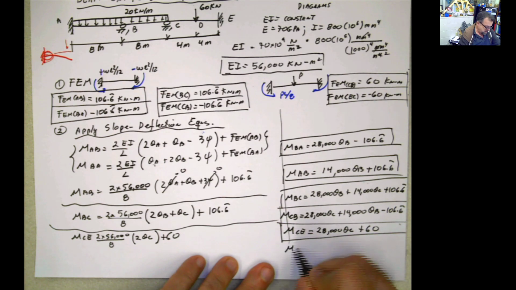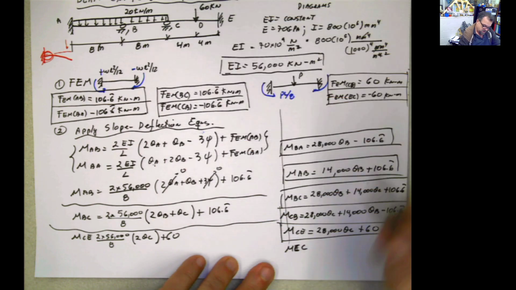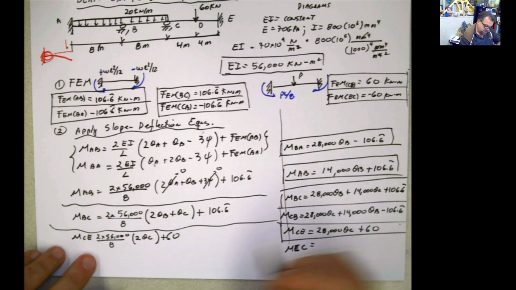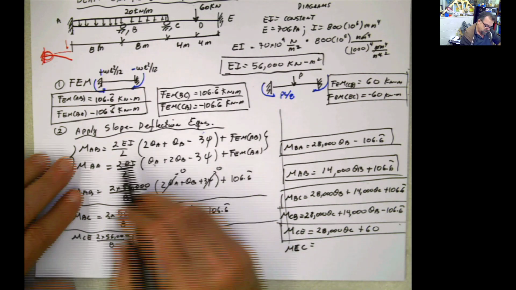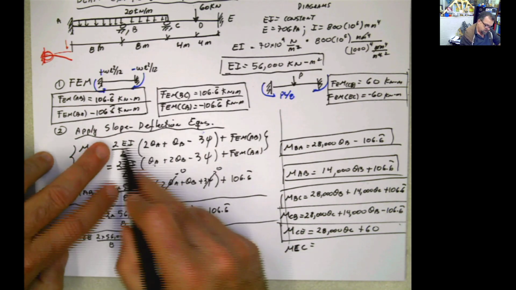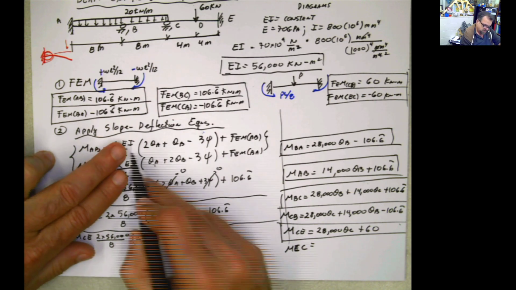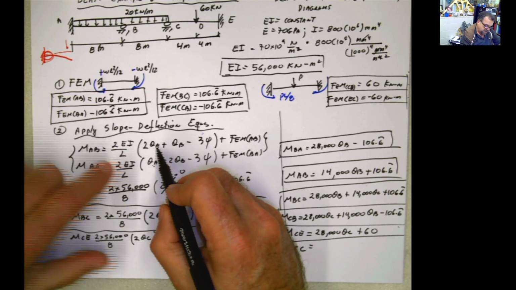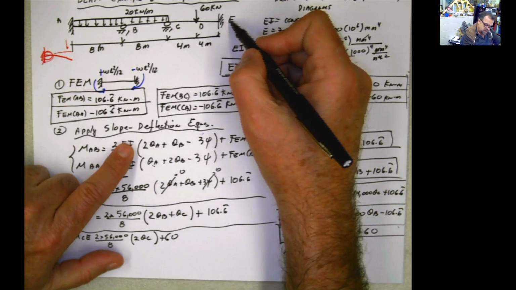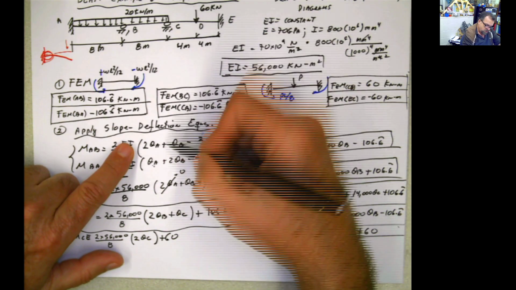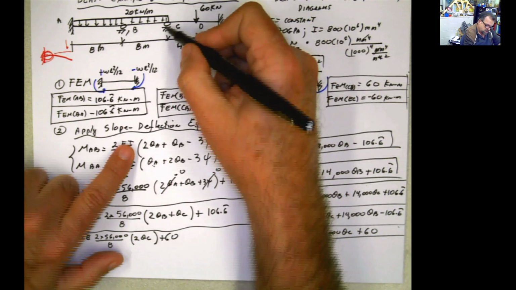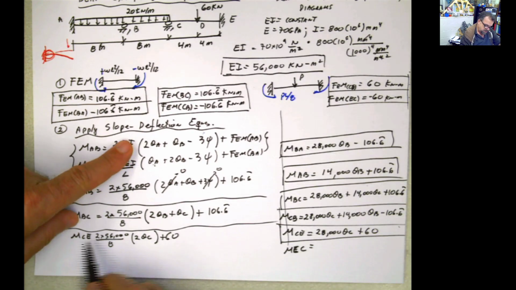And moment EC, which is going to be the opposite. Now what is going to happen here if I say moment EC? This is going to be the same, which is 14,000. Now this is going to be 2 times rotation at E. The rotation at E here is 0, plus rotation at C, because I'm doing CE, right?